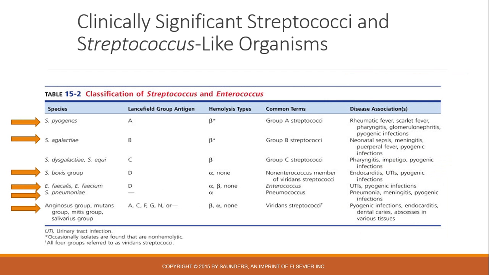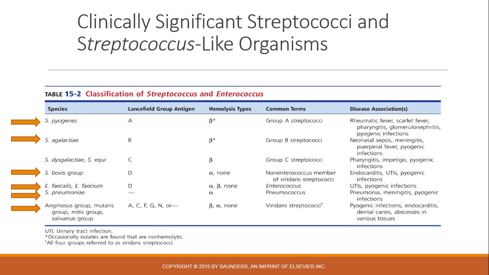These are the different strep species that we're going to talk about. We've got your strep pyogenes, which is your group A strep, your strep agalactiae, which is your group B strep. We've got strep bovis, which is your group D strep. We've got your Enterococcus, which also has the D antigen on it, so it's kind of in the same group, but it's not.